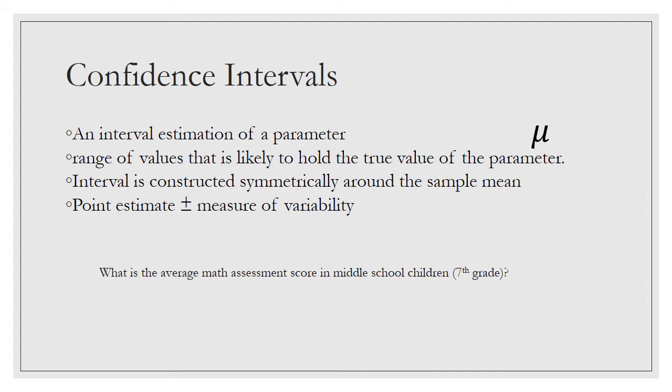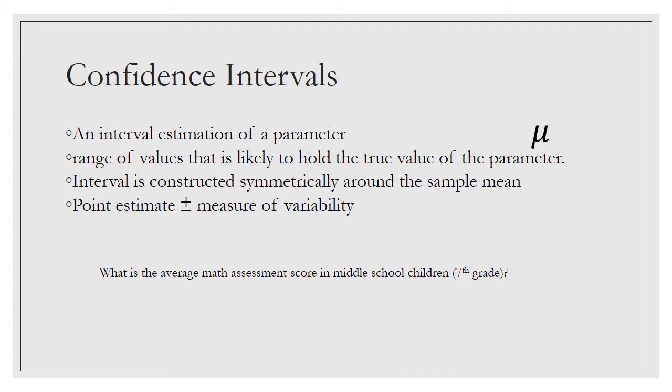So instead, we could go find the average. We could get a random sample of middle school children, get an estimate of the mean, the sample mean, the estimate of what the population mean would be, and use that estimate as our point estimate. But instead of just taking it as a point, we can build variability around it, and we'll see how to do that as we construct these intervals.